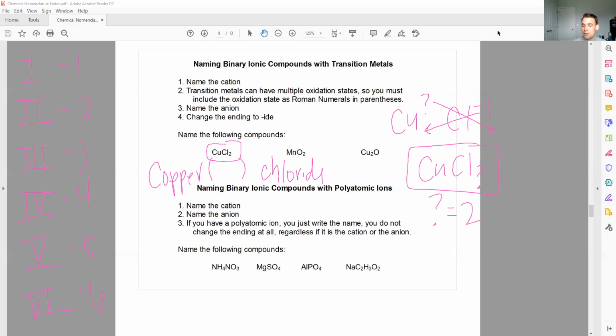That answer is a 2. That means copper is a +2, and so therefore the Roman numeral must be 2. So it's copper 2 chloride. That is the correct name. Transition metals always need Roman numerals, okay? I have to clear this just because I don't have any more space, so pause if you need any of this.